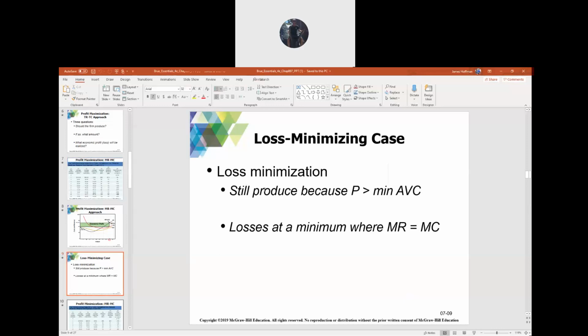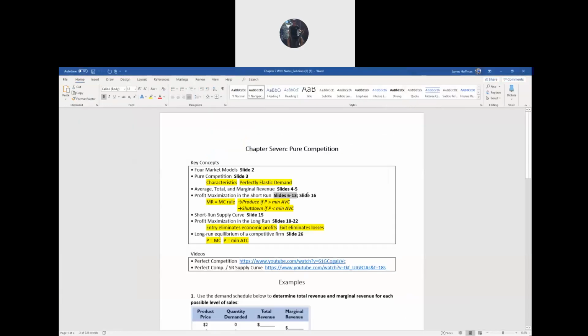Let's see what's going on. So the condition here, I wrote it on the study guide too, is that, okay, we talked about the MR equals MC rule here, right? So they want to do that.